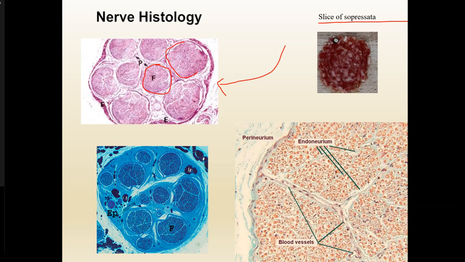These are the various bundles of nerves, and these various bundles of nerves are delimited by the perineurium. P is the perineurium that defines them, okay?